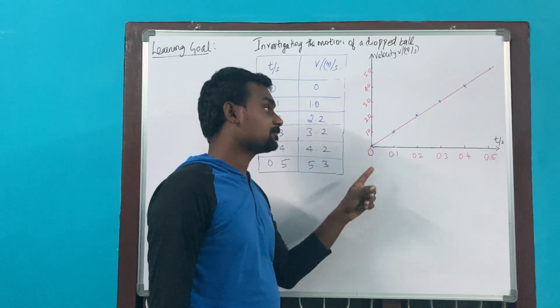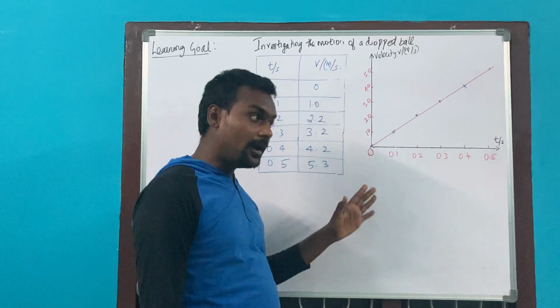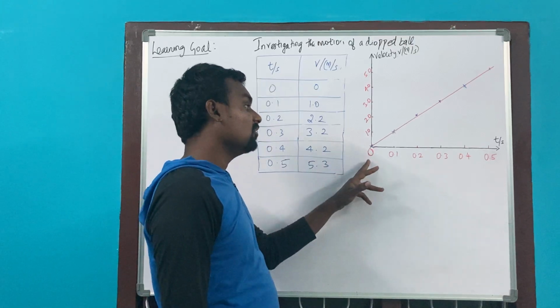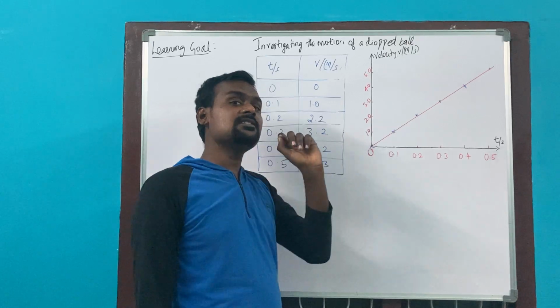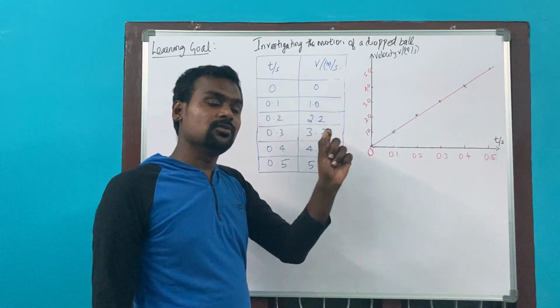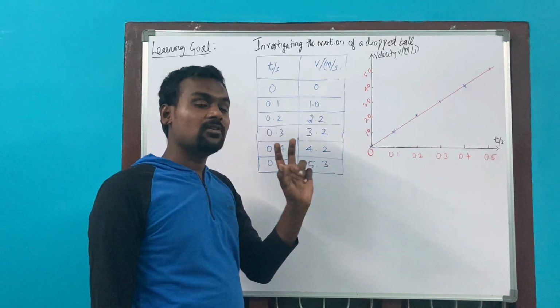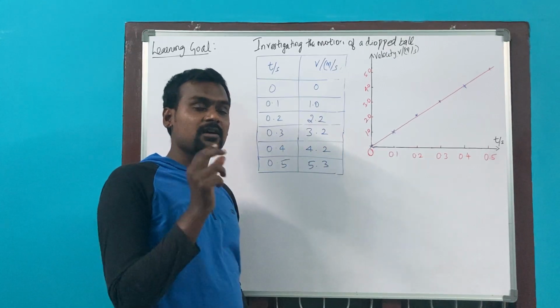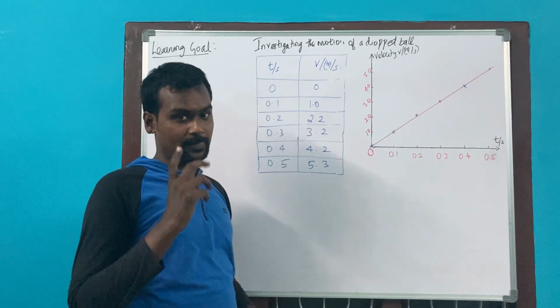Which means velocity and time are directly proportional to one another, and it also means that the velocity of the dropped ball is increasing uniformly. When I say uniformly, I mean to say that the velocity is changing by the same amount for a given fixed duration of time.